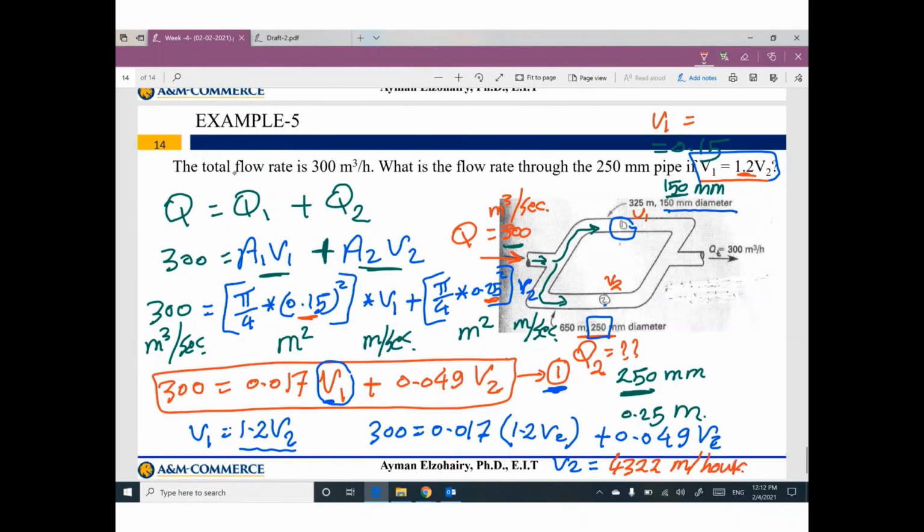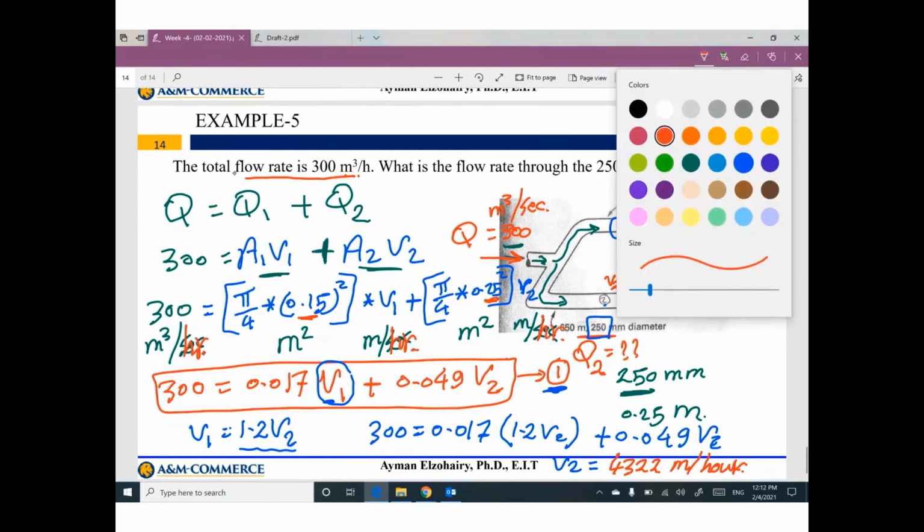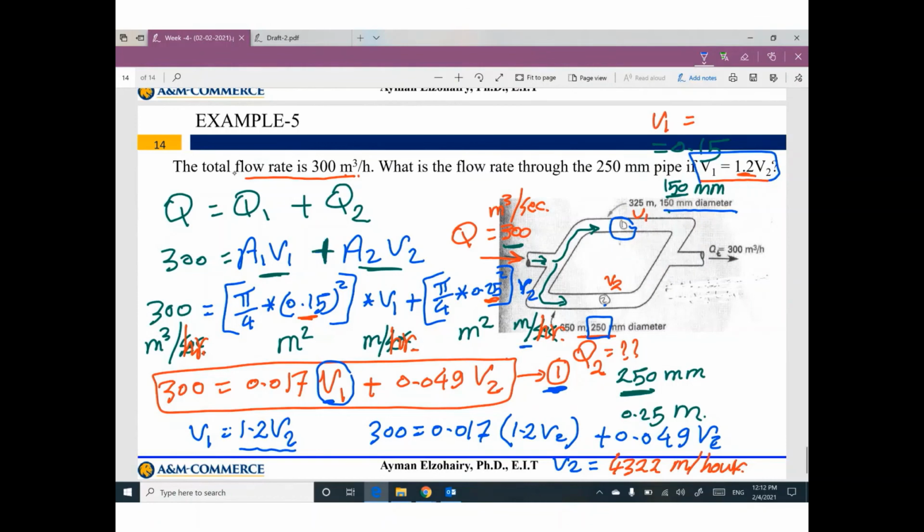Because the flow rate is given as 300 cubic meter per hour, not per second. So this one will be velocity in meter per hour. Okay, no problem. We must keep our units consistent. So the velocity from this equation, 4,322, is meter per hour. That's fine. Multiply this number by 1.2, you get V1 equals 5,187 meter per hour.